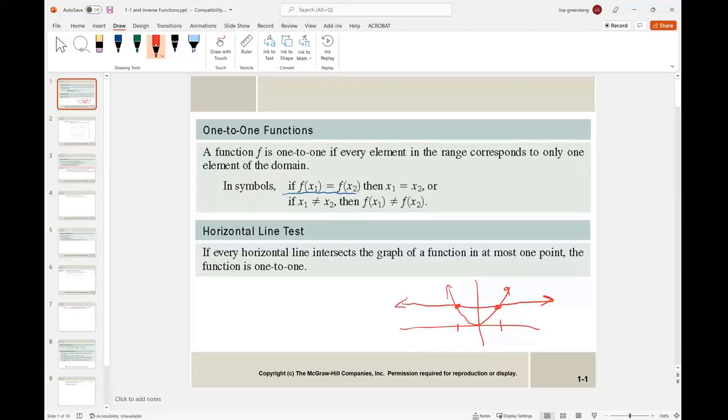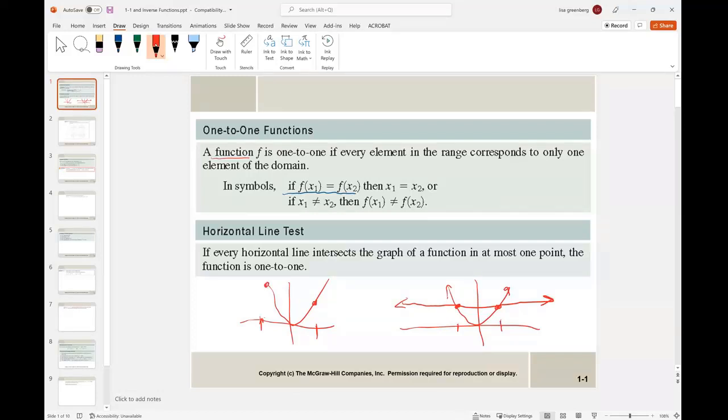So a one-to-one function, because it has function in it, it has to pass the vertical line test. I'm so sorry, I keep getting those words mixed up. The vertical line test. Okay, so that means for every x, there's only one y. For every x, there's only one y.